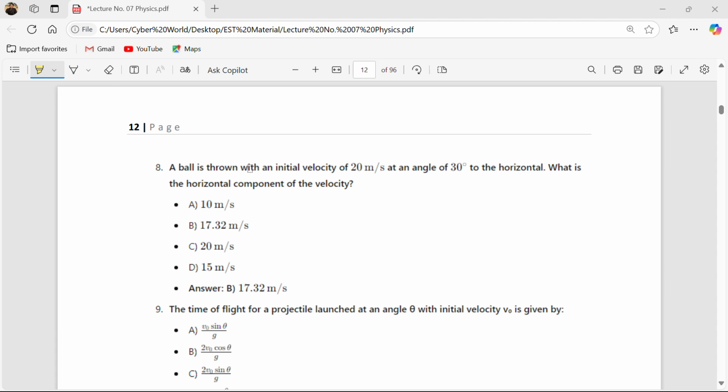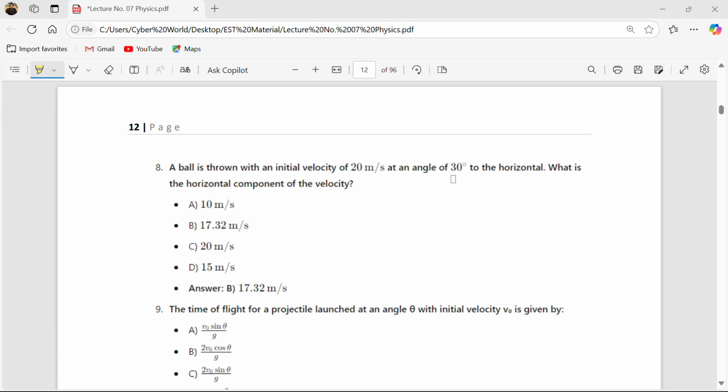For the horizontal component, the formula is V equals, sorry, the distance is basically V multiplied by cos of theta. As the velocity is 20, so 20 multiplied by cos of 30, because this is the horizontal component.